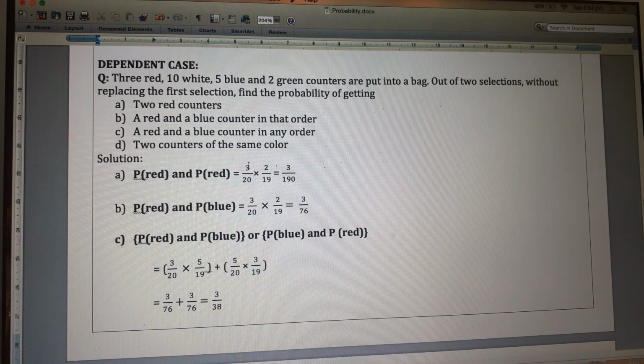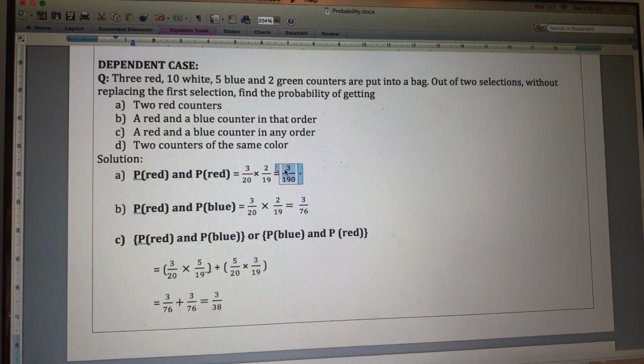So out of 3, 1 is out, I am left with 2, and out of 20, 1 is taken out, so I am left with 19 in the bag. So this is the result of second selection and it is affected from the first selection. So now the probability will be 3 into 2, which is 6, over 20 into 19. On simplification, 2 and 20 will be cancelled out, so 3 over 190 is the answer.